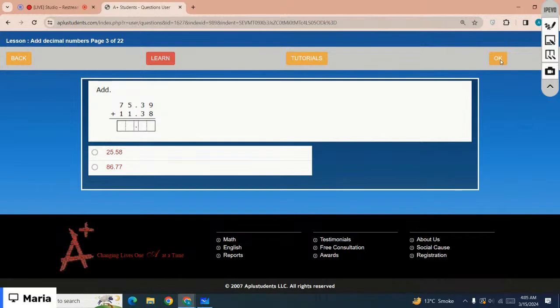Yes, the correct option is 86.77. Option number 2 is the correct option, right?